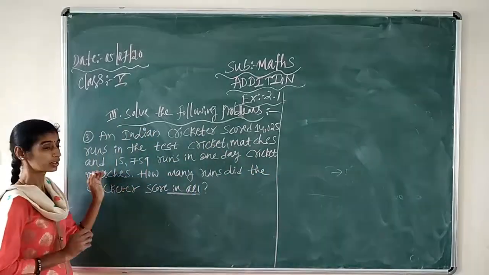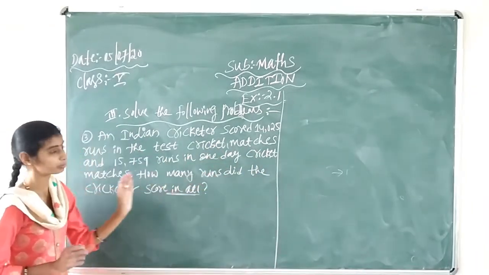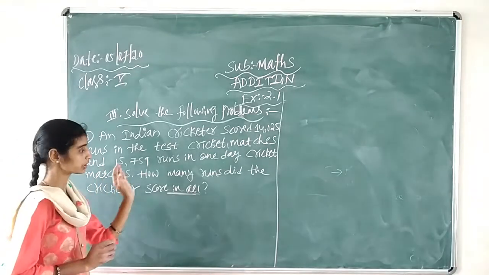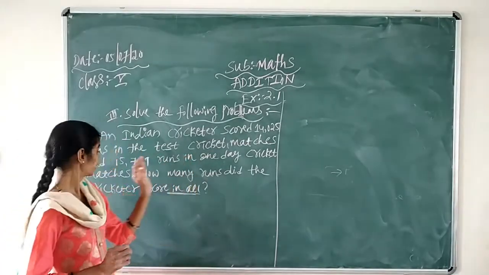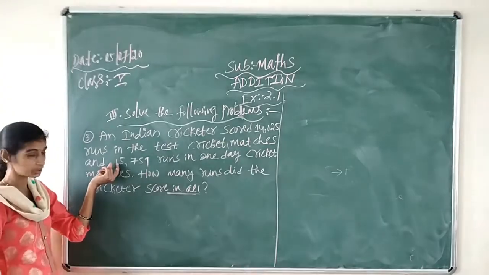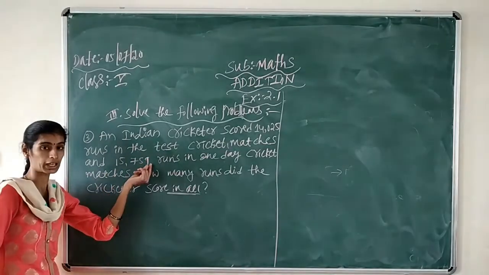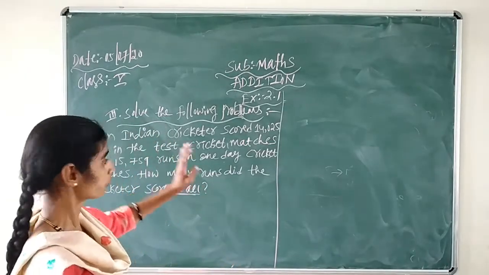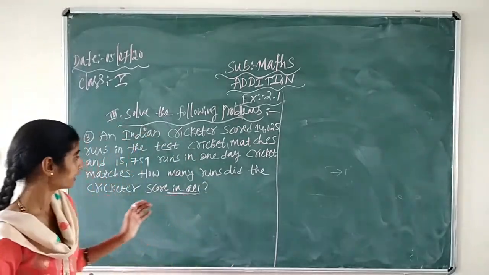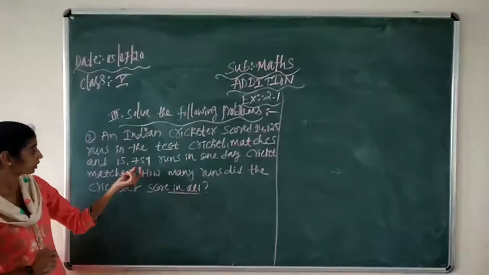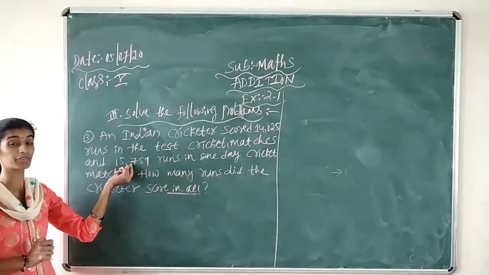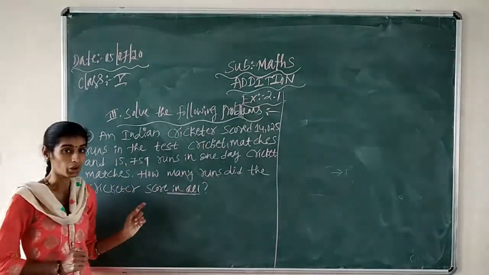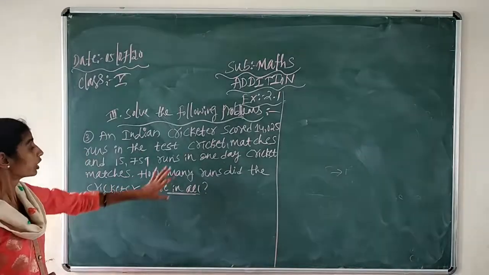What is the run count in one-day matches, children? How many runs has he scored in one-day matches? 15,759. So Virat Kohli in test matches has scored 14,025 and in one-day matches he has scored 15,759.